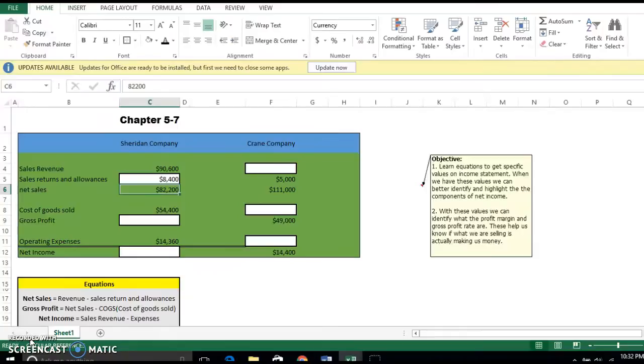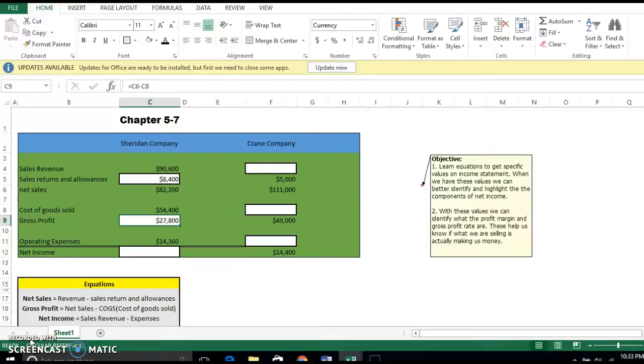Perfect. And then gross profit is net sales minus COGS, or cost of goods sold. We have the cost of goods sold and we have our net sales, so do the math, and we get 27,800.